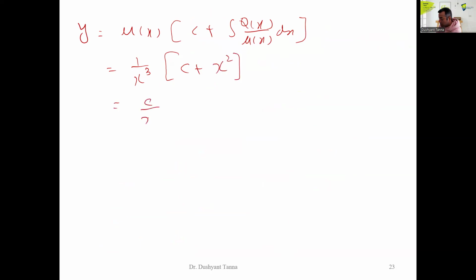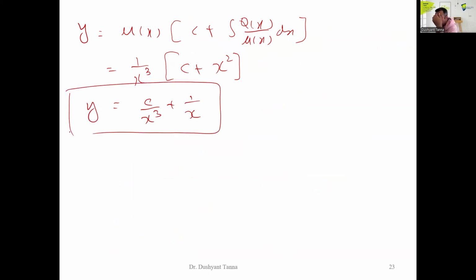So I can say C over x cubed plus 1 on x is my y. That's the general solution. Okay, now this curve passes through (1, 1). So therefore, when x is 1, y is 1 as well.